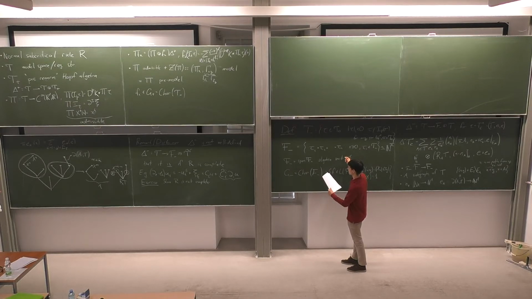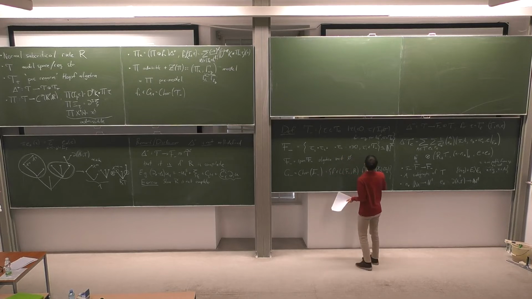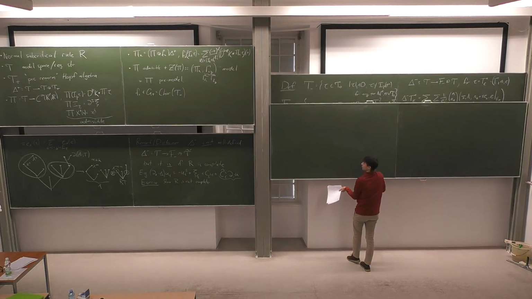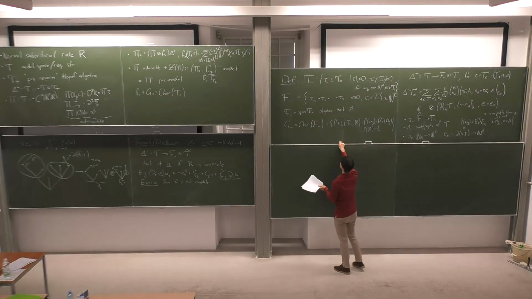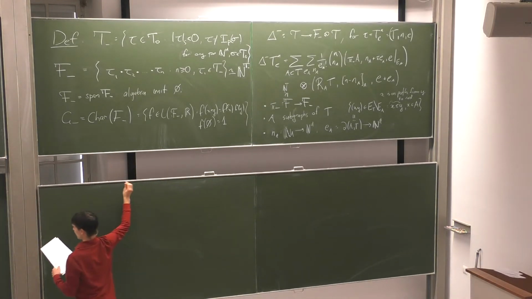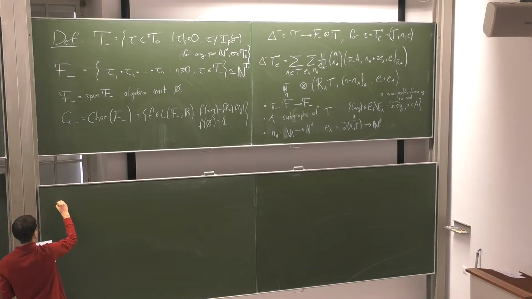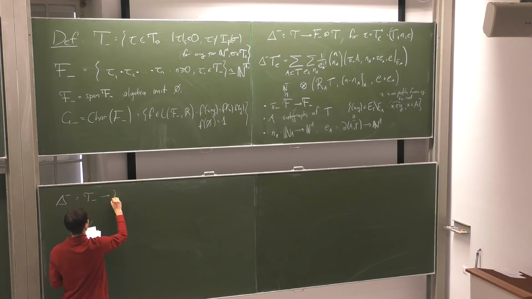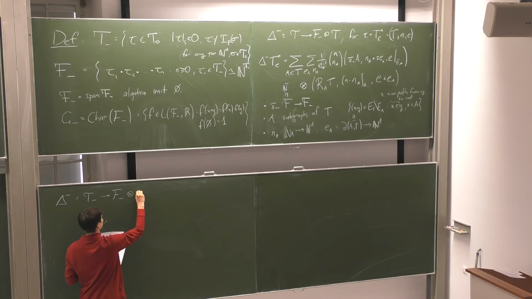Right. So a very similar definition for delta minus can map you from T minus, which was the span of the negative trees, into F minus tensor T minus.